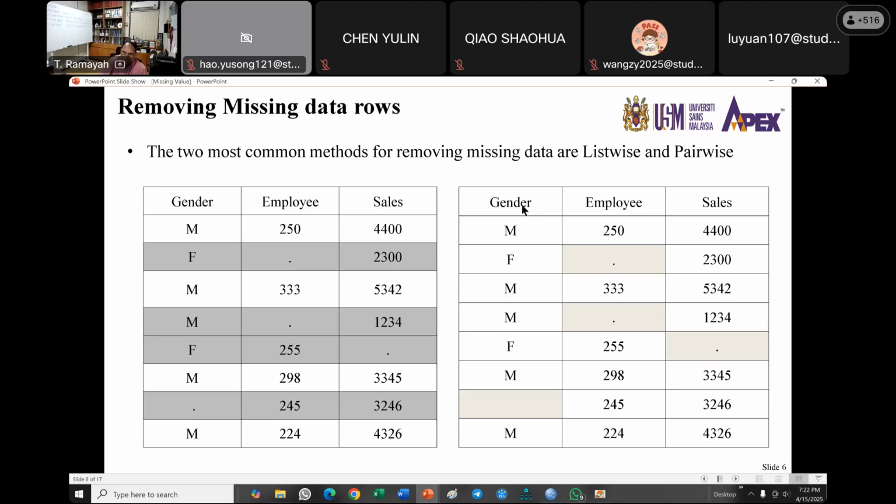When we analyze gender, we have 7 complete data. Let's say we want to analyze gender against sales. Here we have 7, here we also have 7. But unfortunately, some data we have here, we don't have there. And here we have the gender, but we don't have the sales.